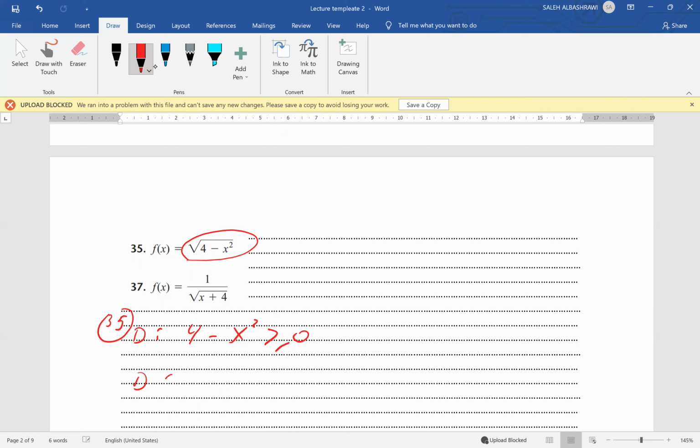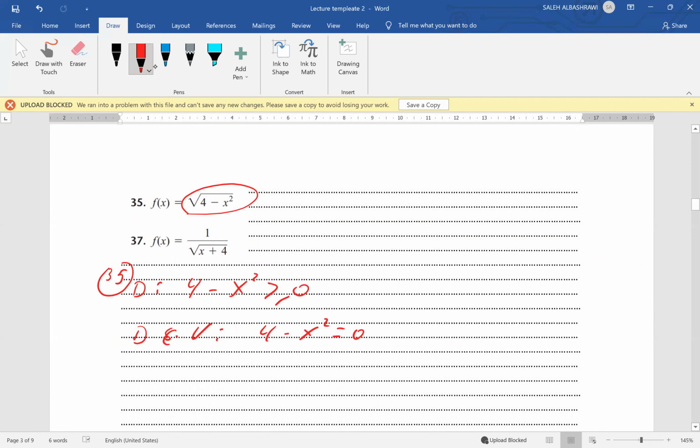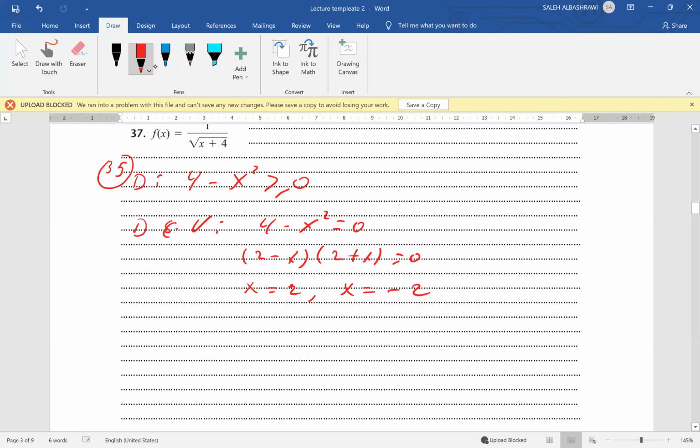Step number 1, critical values: 4 minus x squared equal to 0. This can be done by factoring: 2 minus x multiplied by 2 plus x equal to 0. I will have x equal to 2 or x equal to minus 2. These are the critical values.